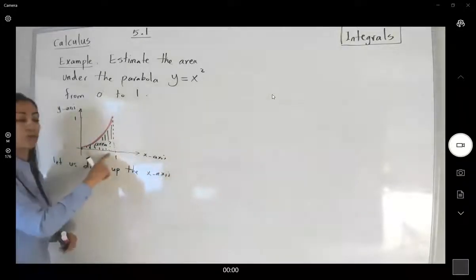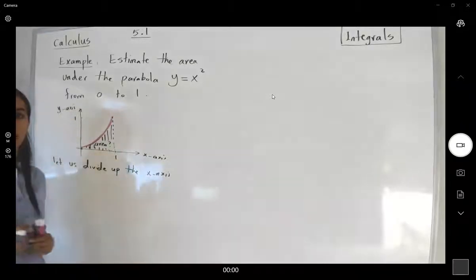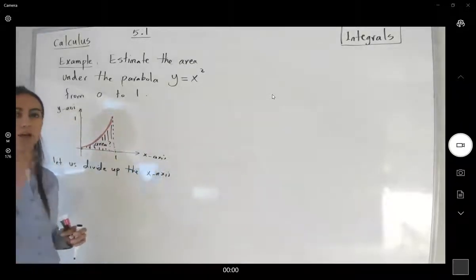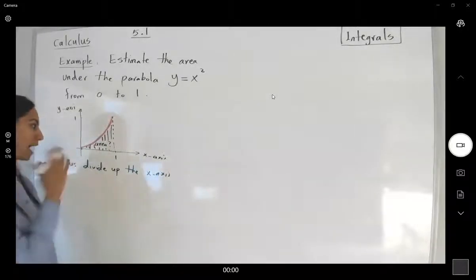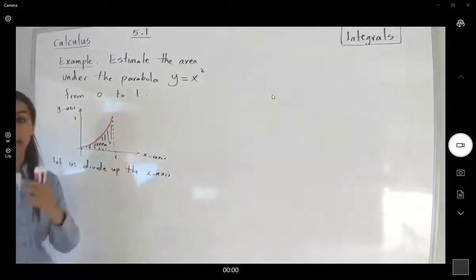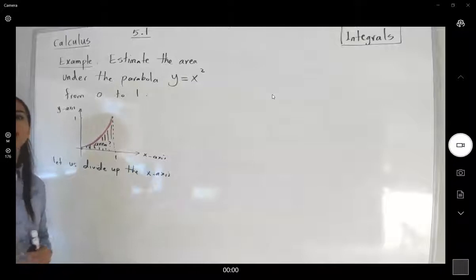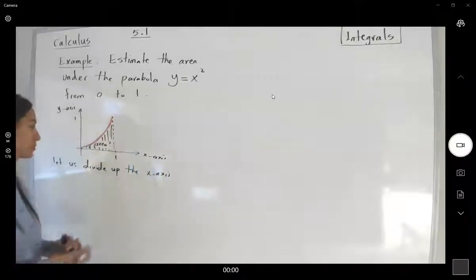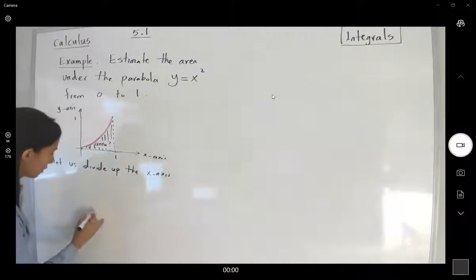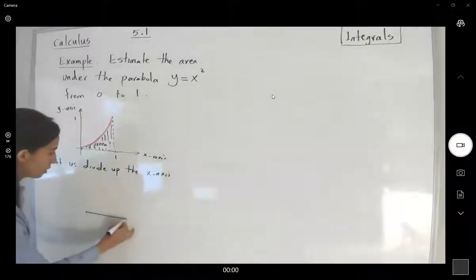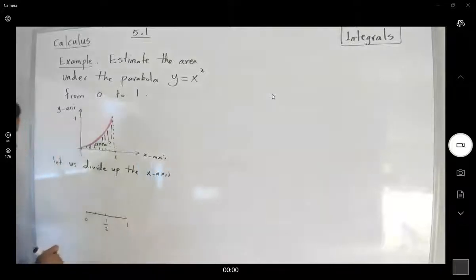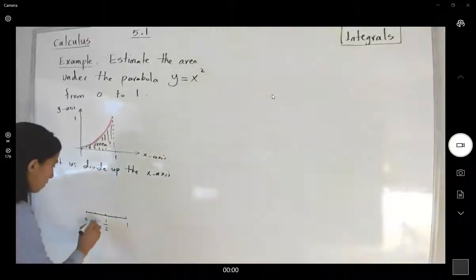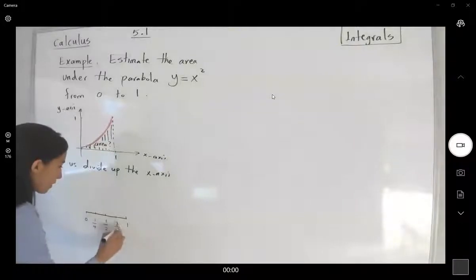Between 0 and 1, I'm going to divide this up into, let's say, 4 sub-intervals. Totally up to you. We can have as many sub-intervals as you want. You might say, hey, I want to have 2 sub-intervals. Absolutely fine. So what are we going to do? We're going to take 0 to 1, a half, a fourth, and 3/4.